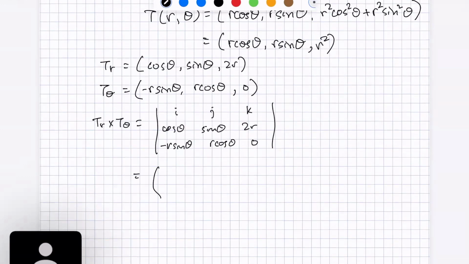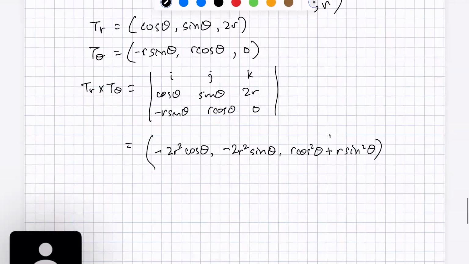So let's take the cross product. I have a negative 2r squared cosine theta. And then on the other side, I have a negative 2r squared sine theta. And then here I have an r cosine squared theta plus r sine squared theta, and this entire thing is just equal to r.